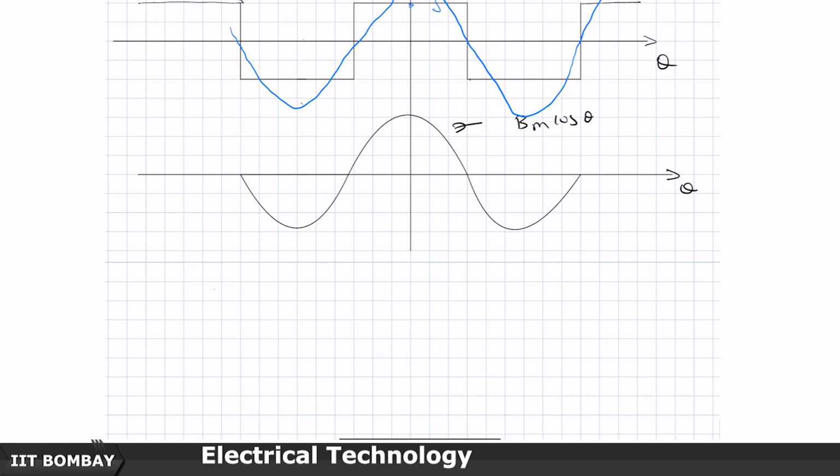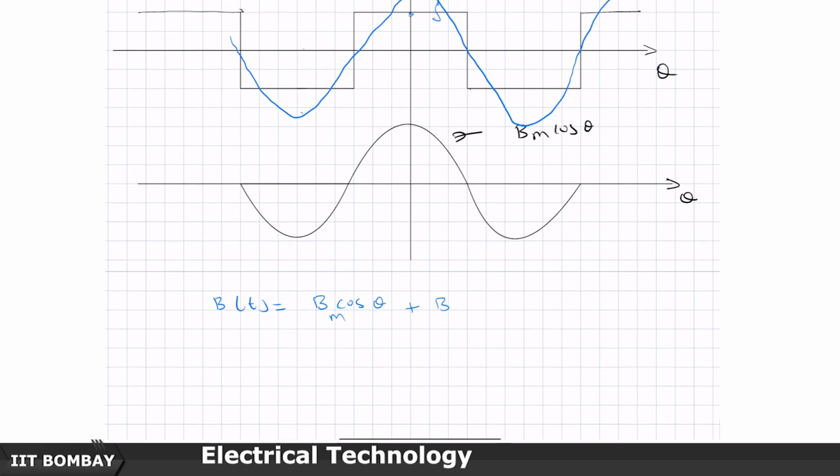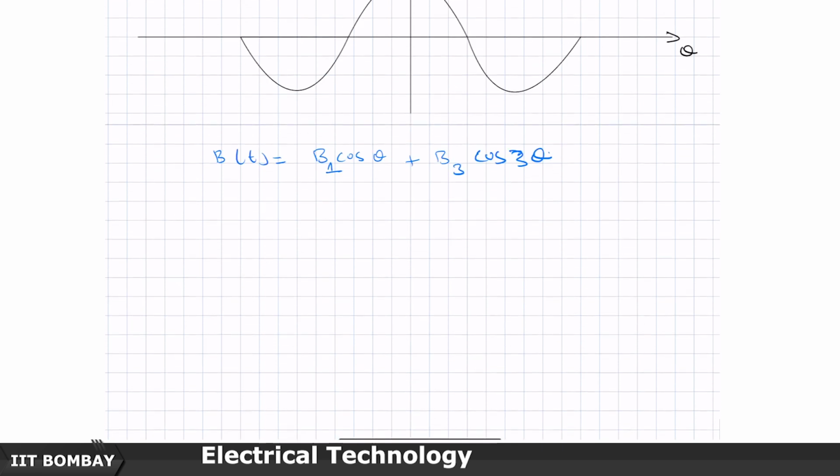So, the Fourier analysis would tell you that this B of t can be written as Bm cos of theta plus more harmonic terms. This is usually called the fundamental term, the fundamental space, and then the other things, for example, there could be terms like cos of 3 theta and so on.